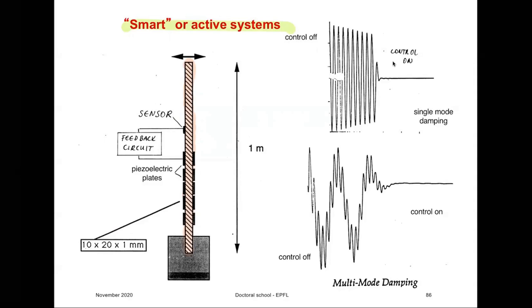You can imagine a situation where you have some construction with relatively thin beams which can be brought into oscillations. Those oscillations can last for a long time. Imagine, for example, these holders of solar panels for the International Space Station. They are huge.